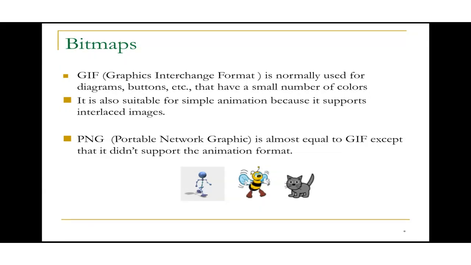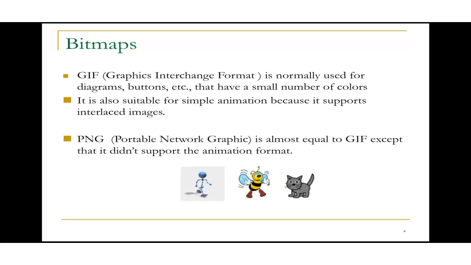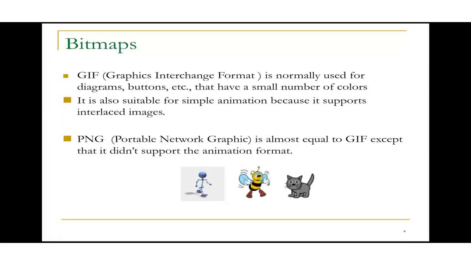In other words, if you take an image with your camera and you want that image to be stored as a GIF image, then you should make sure that it does not have a lot of colors, because some of the colors will get lost. That's what this text is telling us. It does not support a situation where the image has so many colors. Some of the colors might get lost.